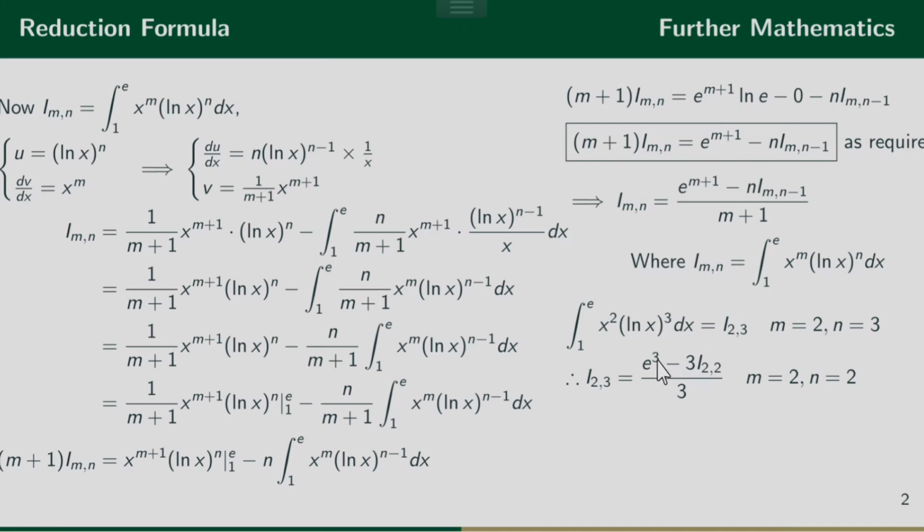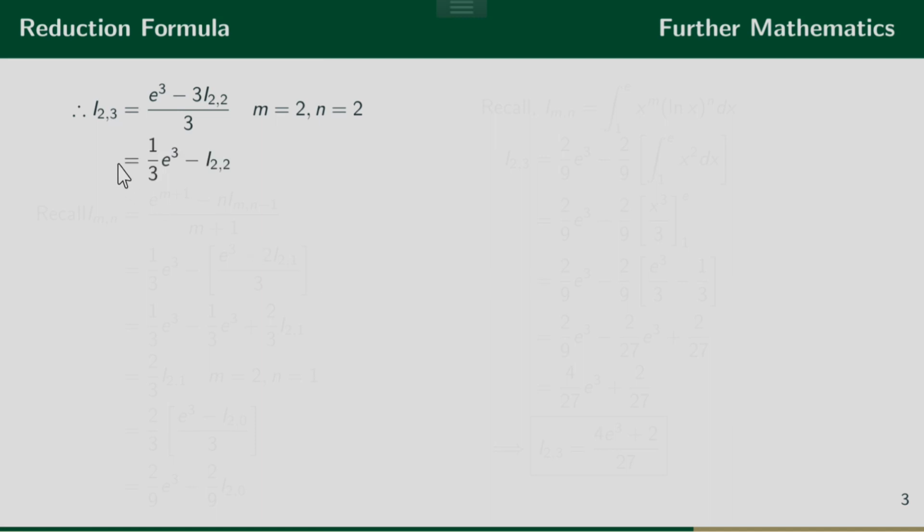So that gives me e cubed minus 3 I2,2, because 3 minus 1 gives 2, divided by m plus 1, which is 3.